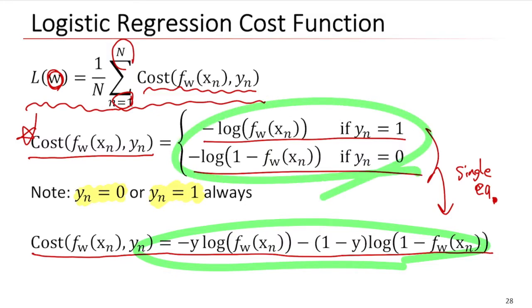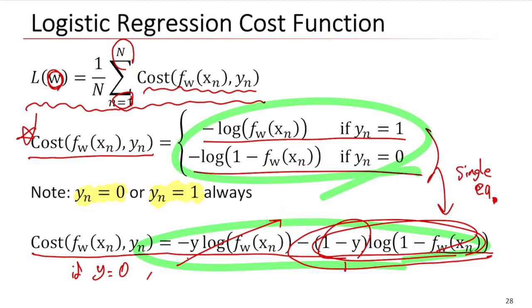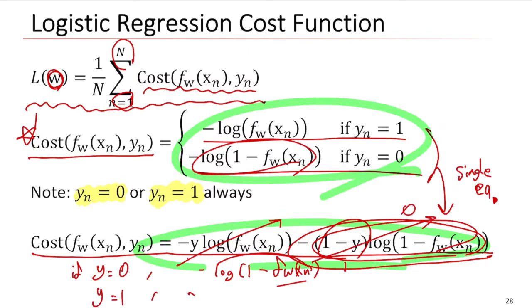Are these two equations the same? Yes. Why? Because if y is equal to 0, this term will be 0, and this term will be just 1, and this term will be log(1 - f(x_n)). And if y is equal to 1, this term should be 0, and it should be negative log f(x_n).